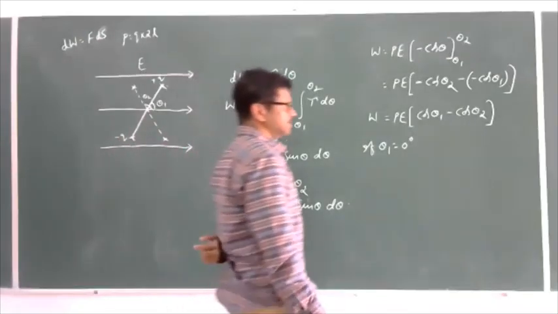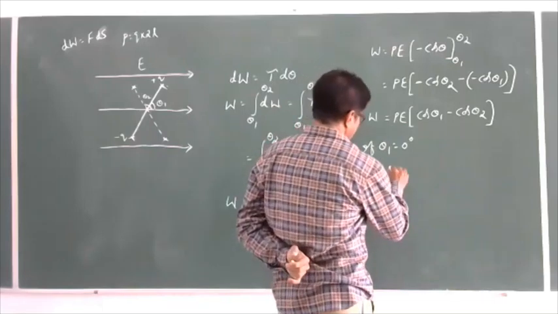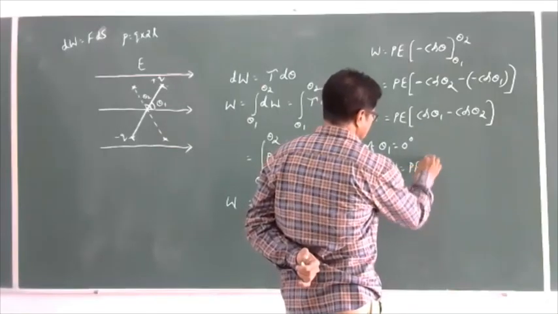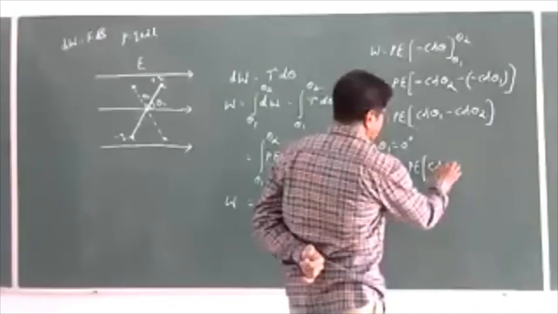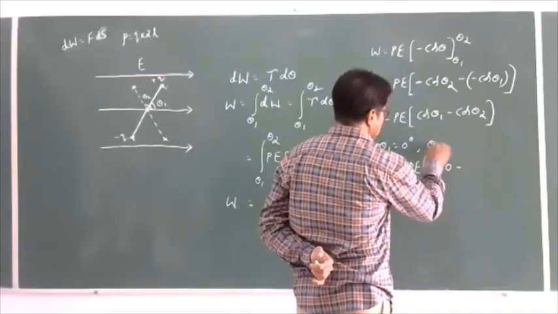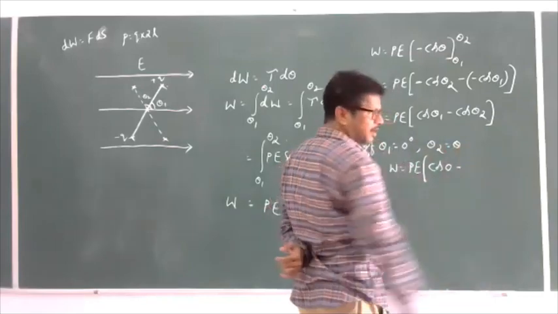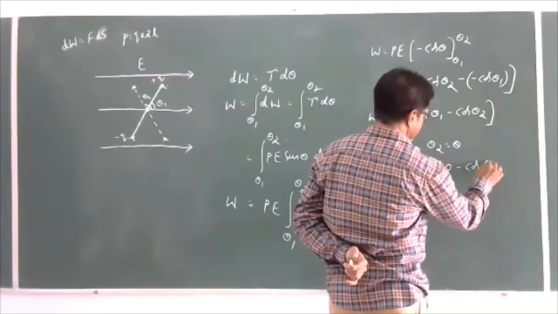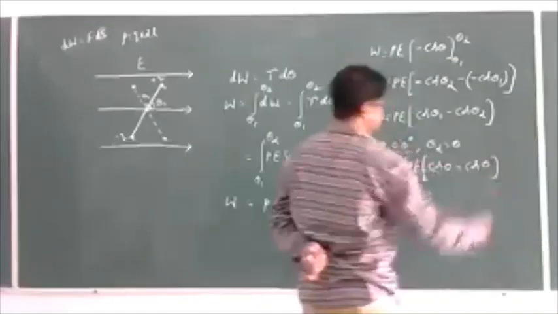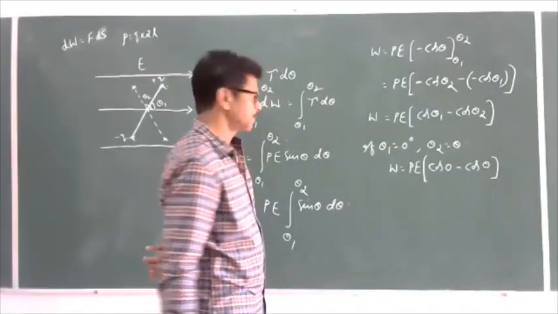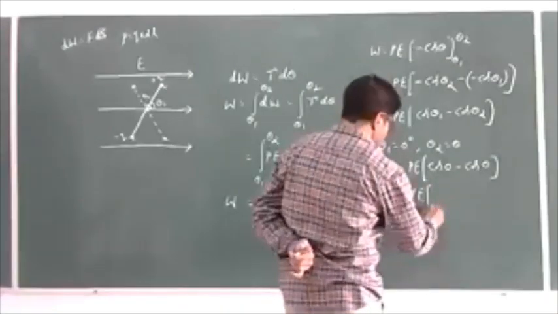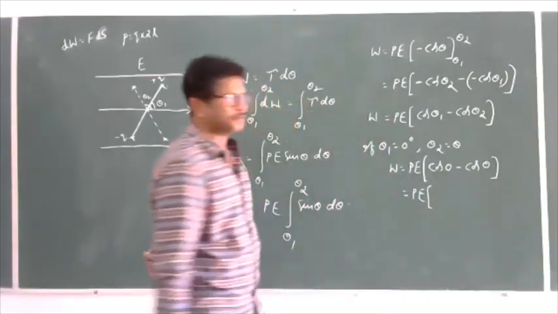If theta 1 is equal to 0, then W is equal to PE cos 0 minus cos theta, if I call theta 2 as theta.